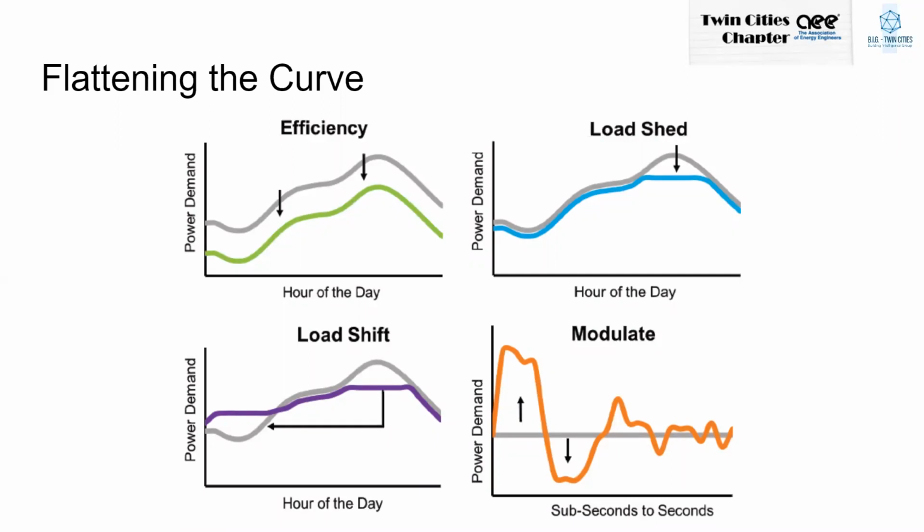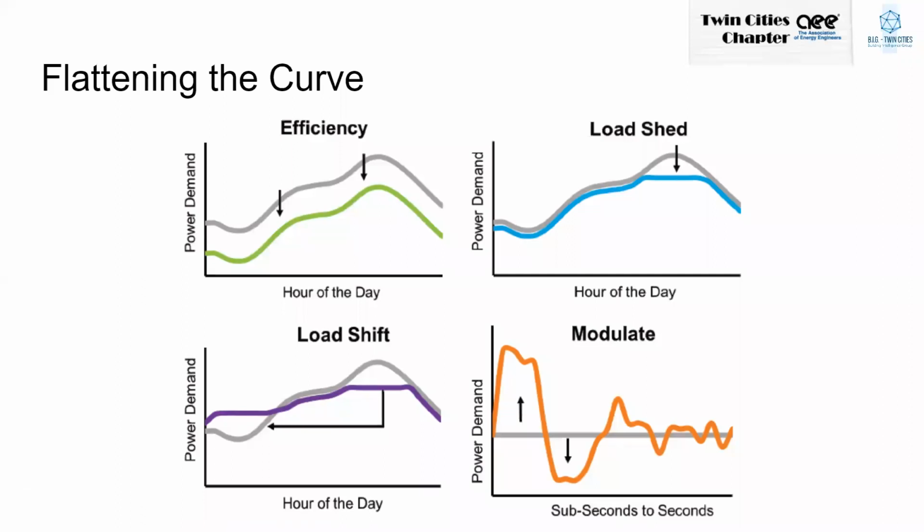And in the same way that with the pandemic, we're flattening the curve by doing isolation so that we reduce the peak at the hospitals so that they have enough beds and things.